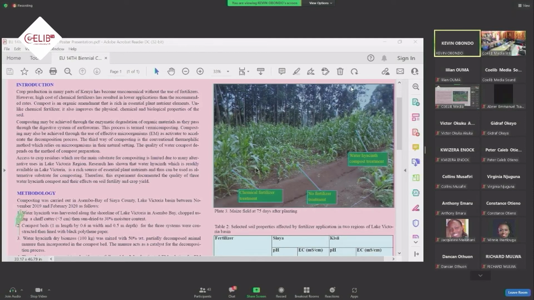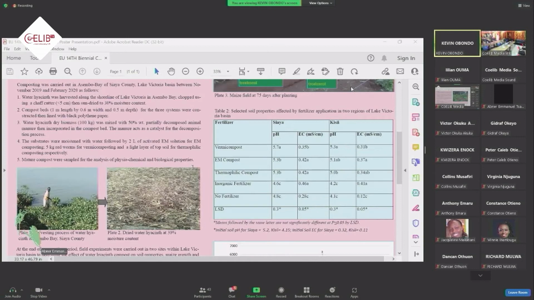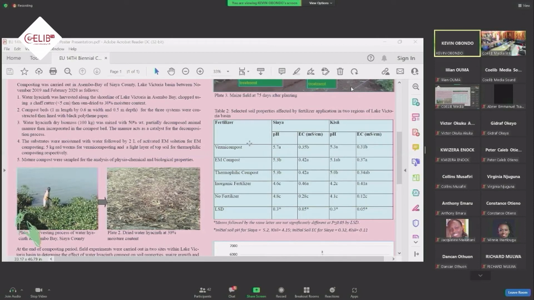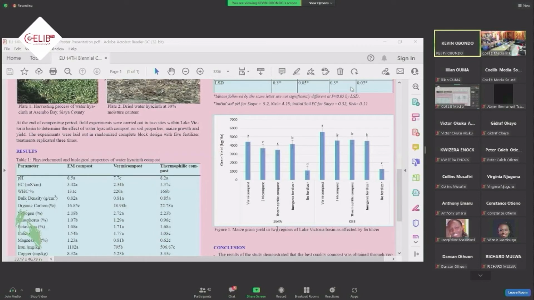Okay, so again, on our results, one of the other interesting bits, especially to the farmers, is the grain yield. When we talk about maize as a test crop, we realized that with vermicompost we got the highest grain yield at both sites, one site in Siaya and the other in Kisii, compared to the rest of the treatments. This was followed closely by the chemical fertilizer, in this case in Siaya, then of course the other compost types.